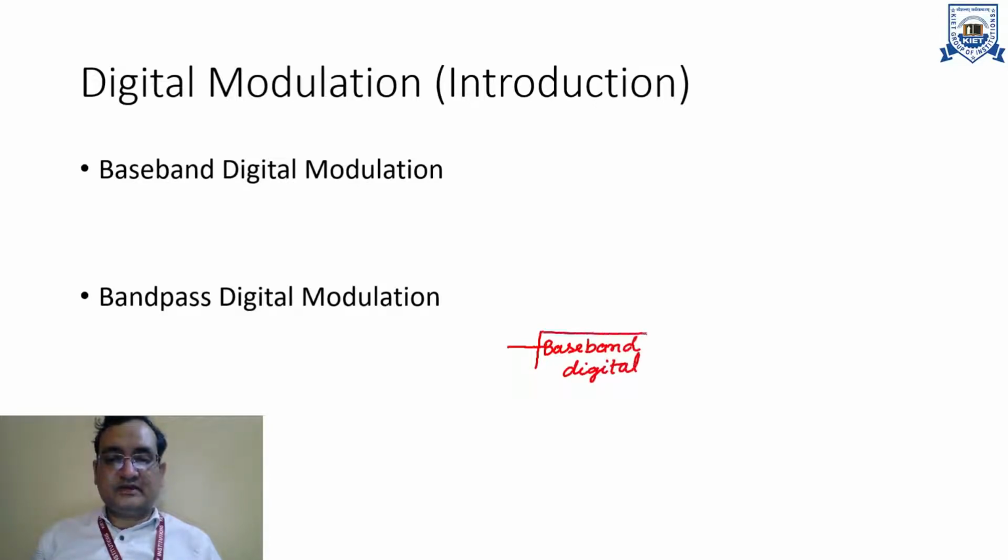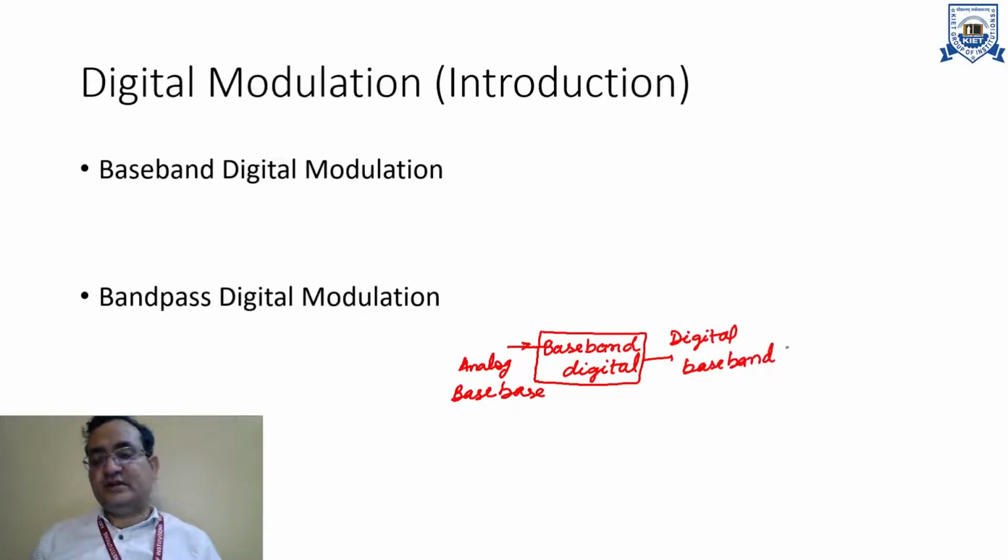There are several techniques like PCM, DM, ADM, DPCM, by which any analog baseband signal can be converted into its digital equivalent, a digital baseband signal. After the conversion, the digital baseband signal can be transmitted with the help of a carrier signal by changing the properties of the carrier. So that's why I am saying that bandpass digital modulation technique involves a carrier.